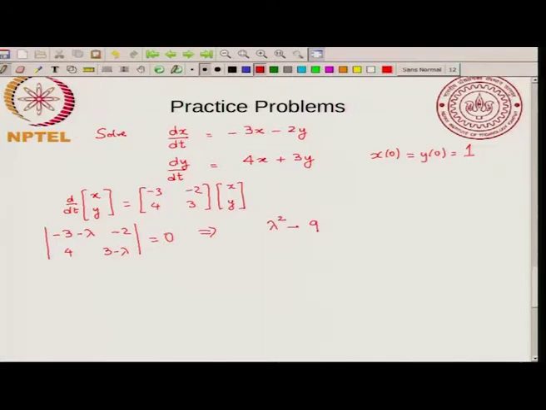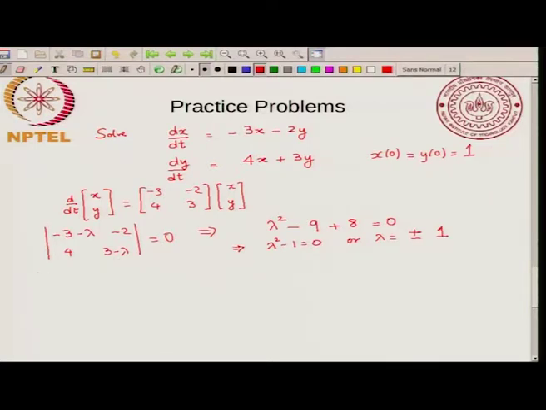So, lambda square minus 9 is what I get from this, and then I will get plus 8 equal to 0. So, this implies lambda square minus 1 equal to 0 or lambda equal to plus or minus 1. So, our two eigenvalues are plus 1 and minus 1.